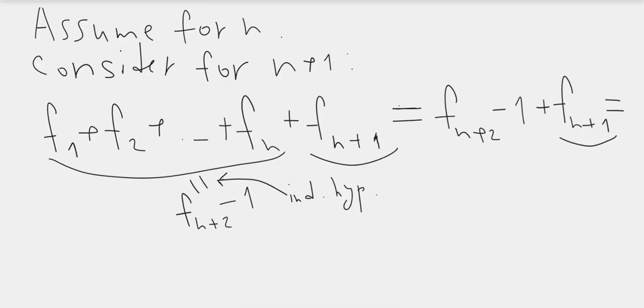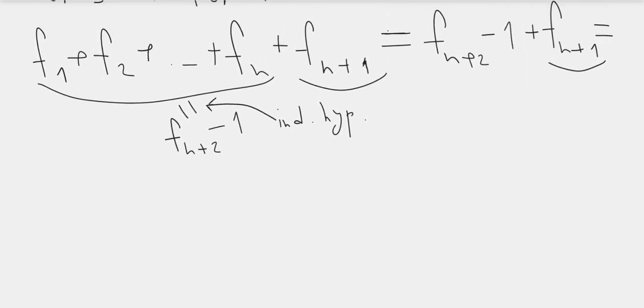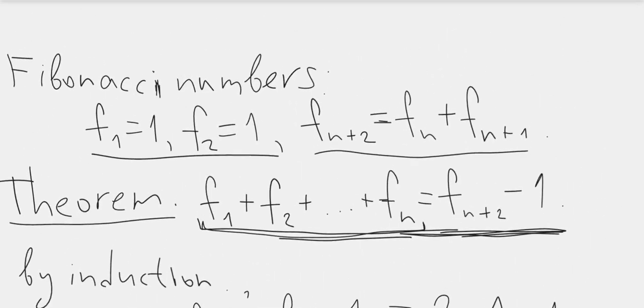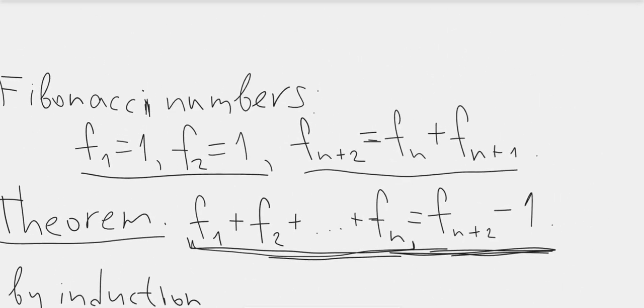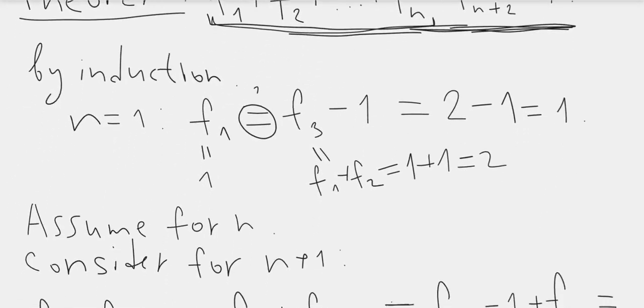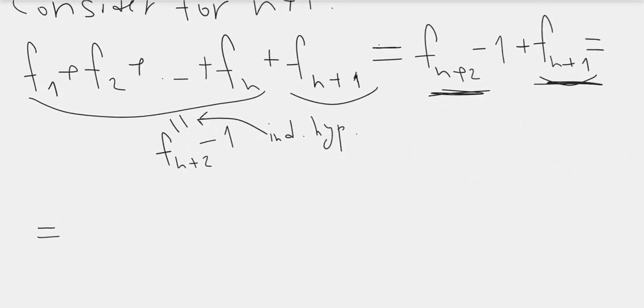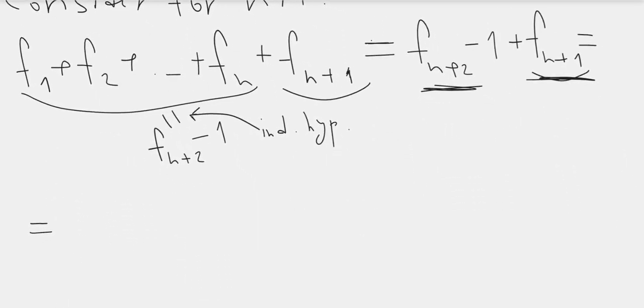So now we observe that we have the sum of two consecutive Fibonacci numbers here, and by the original recurrence relation we can rewrite it as the next Fibonacci number.